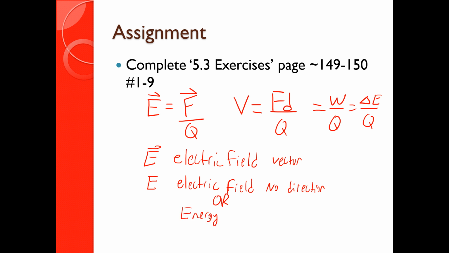So be very, very careful of how you label your electric fields and energy in this unit, because it can be quite confusing, especially when we start talking about how much energy charged particles gain in an electric field, because you'll have several versions of E floating around your equations. So just be mindful of that.